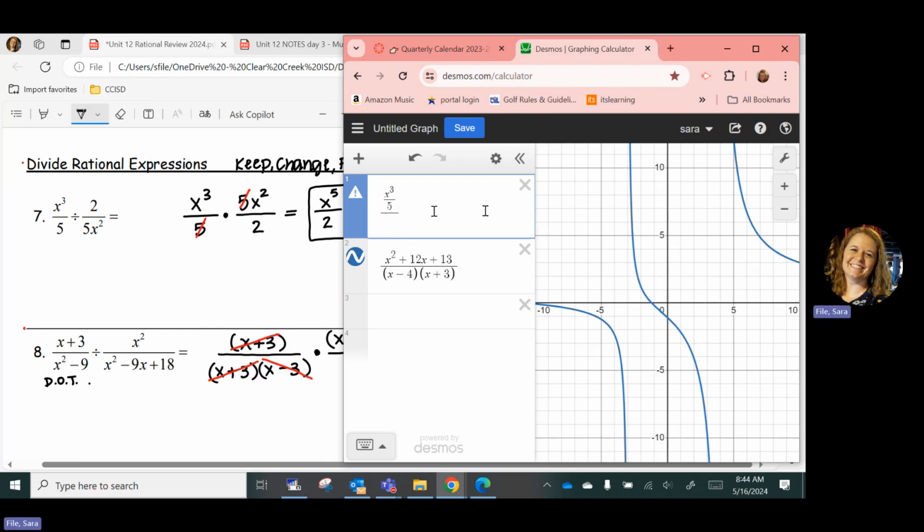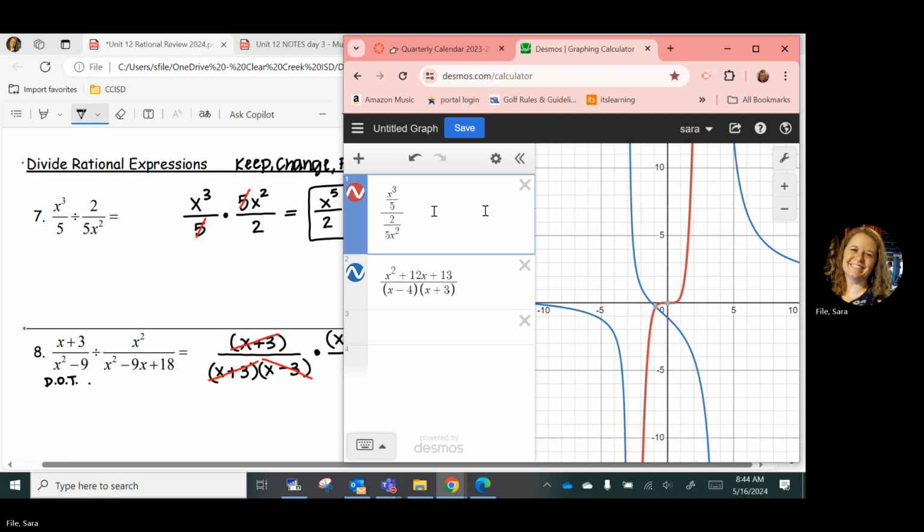Okay, so we've got x cubed over 5 divided by 2 over 5x squared. Let me get rid of that one. Okay, so this is what we've got. So here's that.